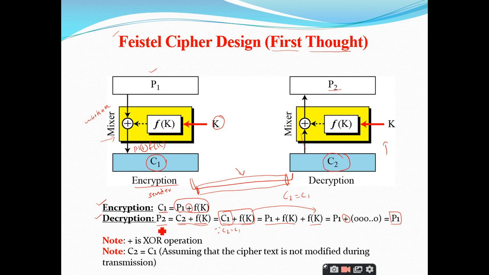You can observe here that P2, the plain text received at the receiver end, is equal to plain text P1 sent by the sender. So whatever mixing operations you perform, everything is invertible in nature. This is the first idea of Feistel. Is it clear?